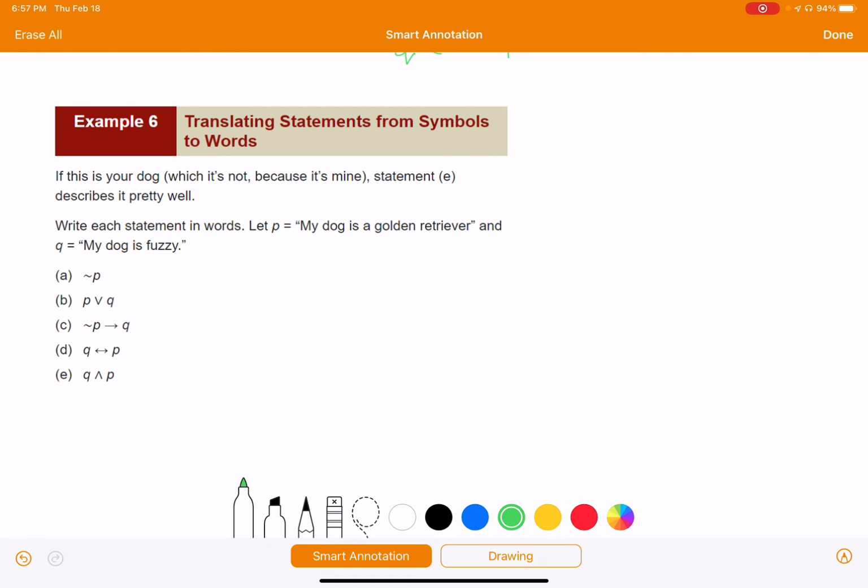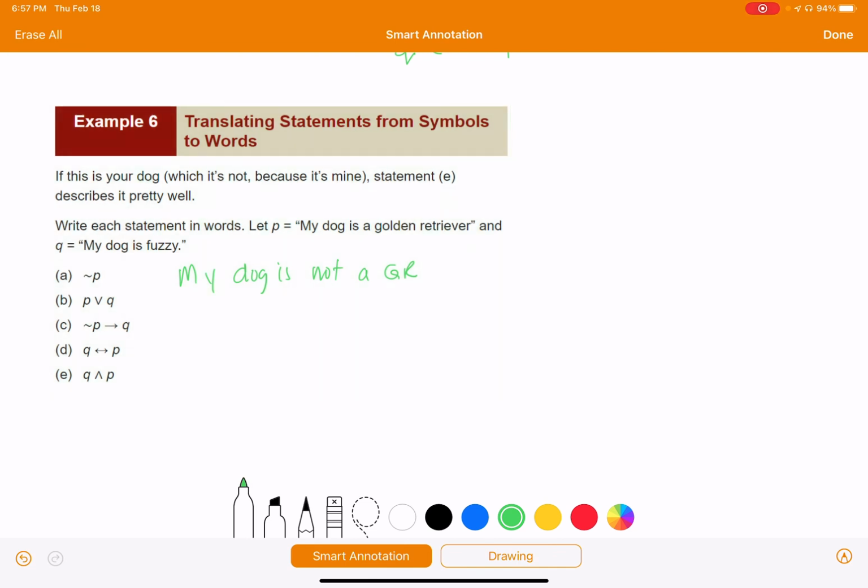Now we're going to work the other way. If this is your dog, which it's not because it's mine, statement E describes it pretty well. Write each statement in words. Let P equal, my dog is a golden retriever, and Q equal, my dog is fuzzy. So if it says not P, then we can say, my dog is not a golden retriever.